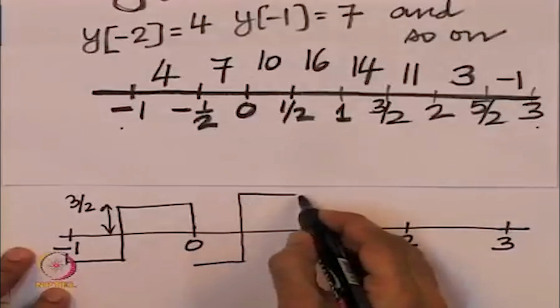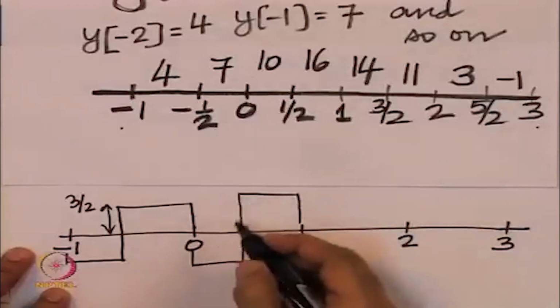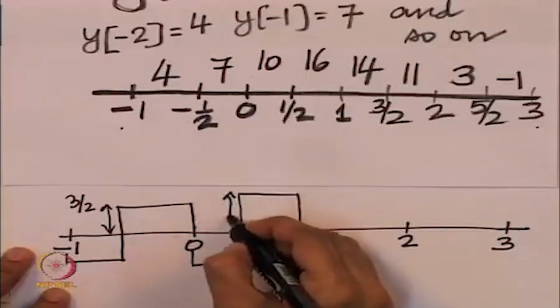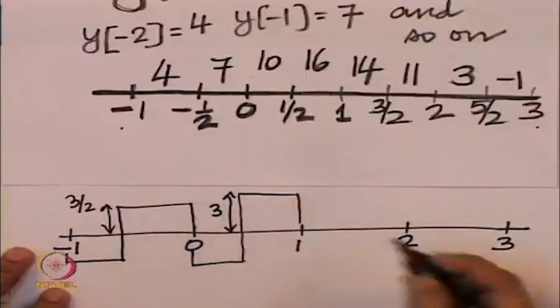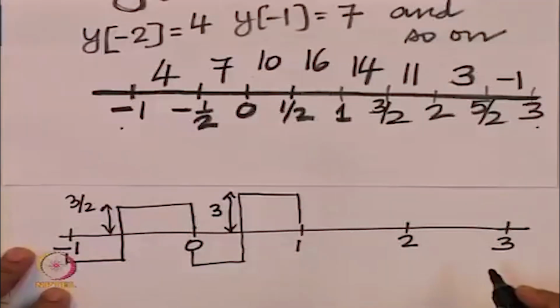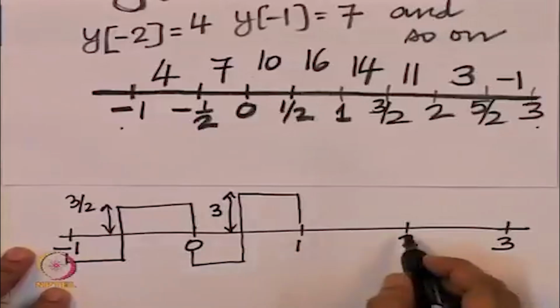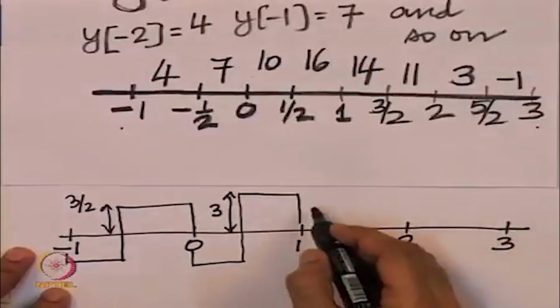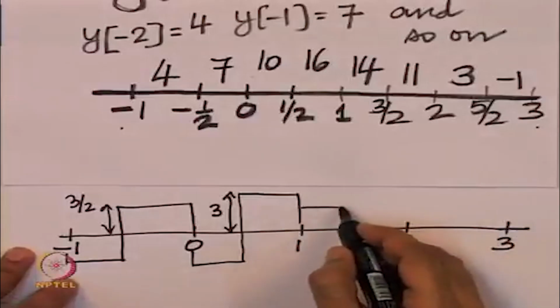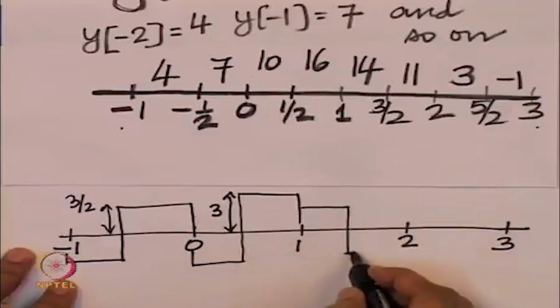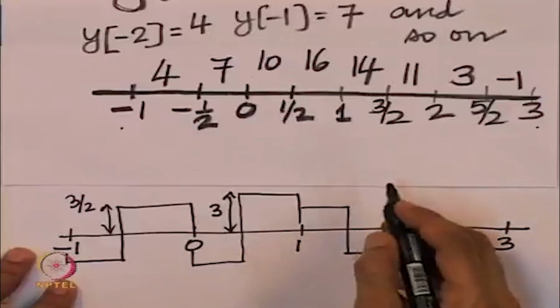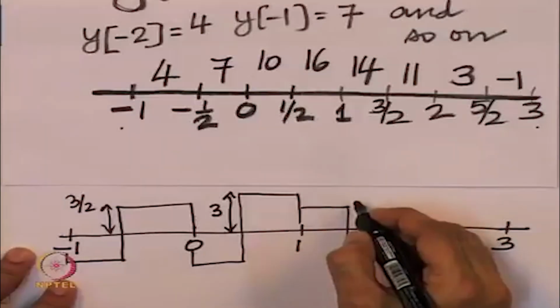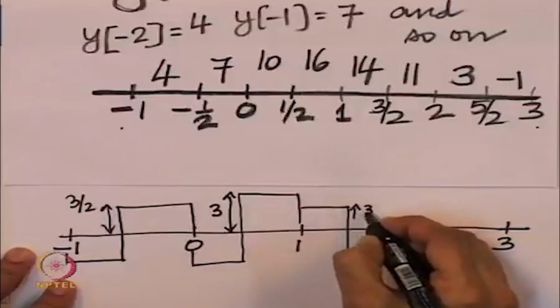So, of course, I am not drawing this to scale, I am just drawing it to be indicative. This height would be 3. Here between 1 and 2, you would have 14 minus 11 by 2, that is 3 by 2, but with a positive sign. So, you would have a multiple of psi t placed in this unit interval with a height of 3 by 2.